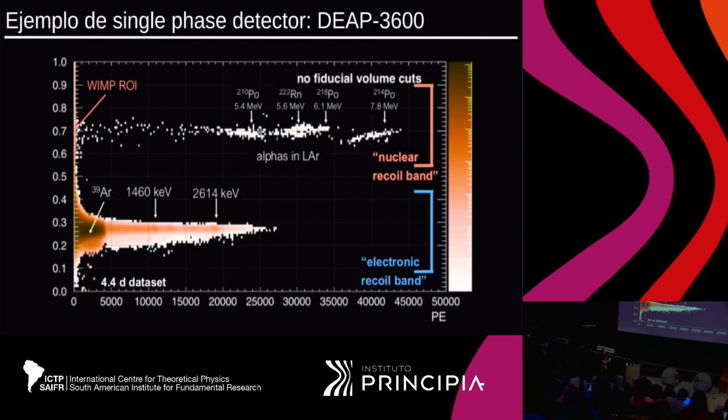And the discrimination in argon is amazing, at least for relatively high energy. When you go to the lowest energy, as always, everything gets mushed up and you have very little discrimination. But at high energies, it looks amazing, and the discrimination is 10 to the 8th. So you don't confuse an electron recoil and a nuclear recoil event. But you can only do this kind of amazing discrimination with argon.